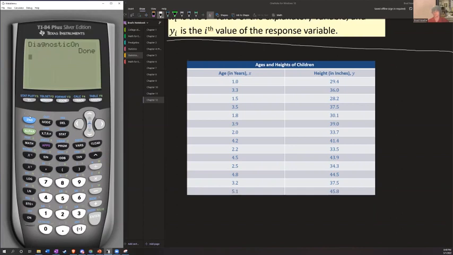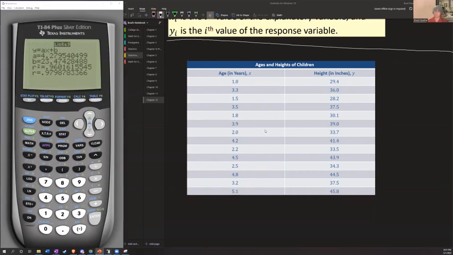Just as a little lesson for everybody here, you go to second, catalog, diagnostic on. If you don't do that, then it will not provide all the information we want. All right, let's give this a try. Calc, linear regression. And there we go.